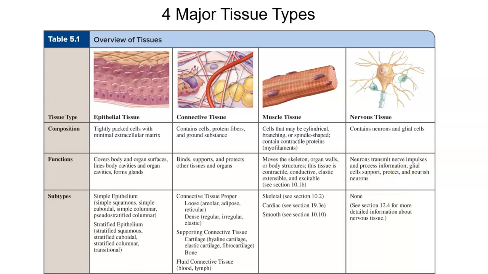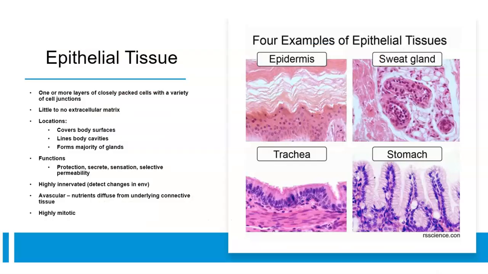We'll begin with epithelials. Epithelial tissues are composed of one or more layers of cells that are very tightly packed together and held together with several different types of junctions. So junctions means to join, right? So these cells are held together very tightly with little to no extracellular matrix. So extracellular matrix, I want you to think of that as the stuff outside the cell.